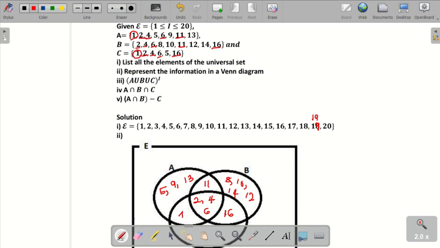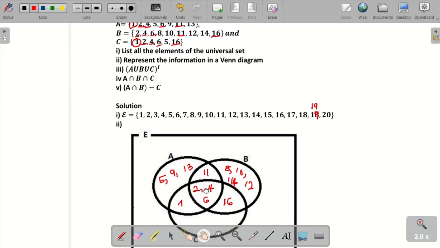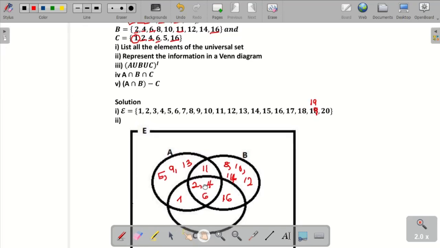So we list all those elements in B that we didn't touch. Let's move on to C. The element in C that we did not touch is only 5. So we indicate 5 here.